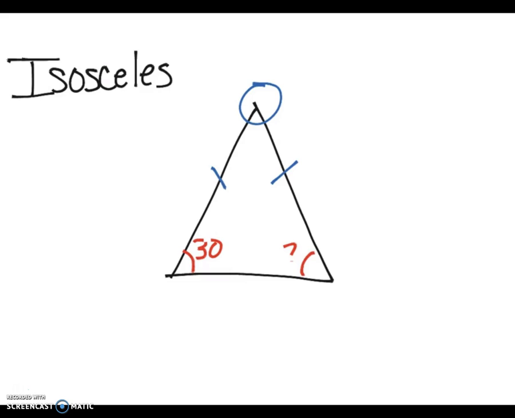They might tell you which two sides are congruent in the picture or in words. But either way, you have to remember, these two base angles here, they're congruent. So if this one is 30, then this angle here is also 30 degrees. So it's not a whole lot of really challenging information. It's just a lot of information. And that's why I've been trying to give you little pieces here and there, so it's not quite so much right here at the end.